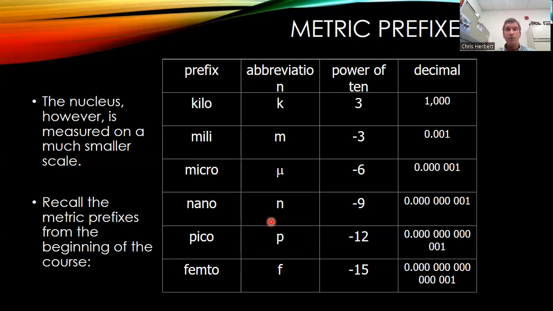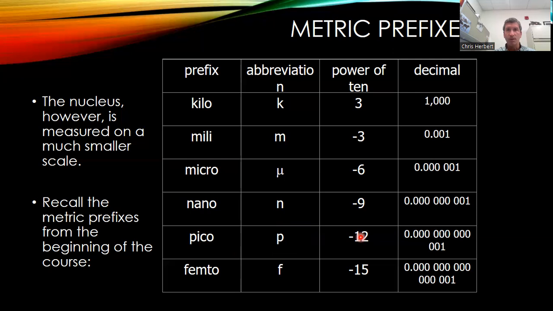We've got to go 3 orders of magnitude smaller than pico, which means we're going 5 orders of magnitude smaller than the size of the atom itself. So the nucleus is about 100,000 times smaller, in linear dimensions, than the atom.